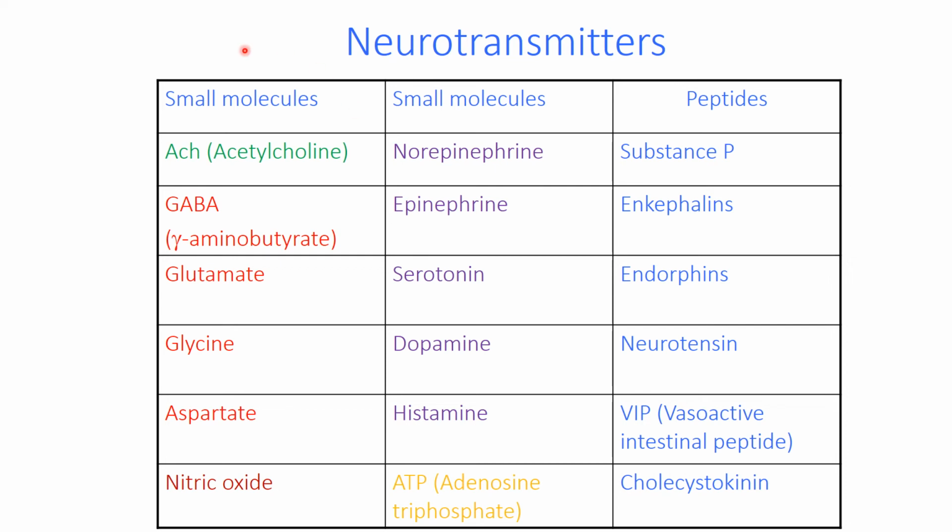The common ones are acetylcholine, nitric oxide, ATP, amino acids: glycine, glutamate, gamma-aminobutyrate, aspartate; some biogenic amines: norepinephrine, epinephrine, serotonin, dopamine; and peptides: neurotensin, vasopressin, somatostatin, etc.